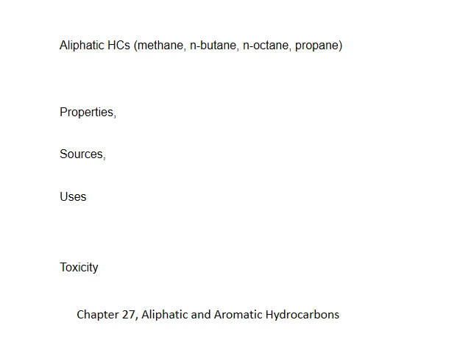They deprive oxygen, taking up the space that oxygen would otherwise take up in the lung. And some of them cause sleepiness or narcosis. Okay, so hopefully you've gotten a chance to write those things down. If not, make sure you go back over these 4 particular examples of aliphatic hydrocarbons in terms of property, sources, uses, and toxicity.